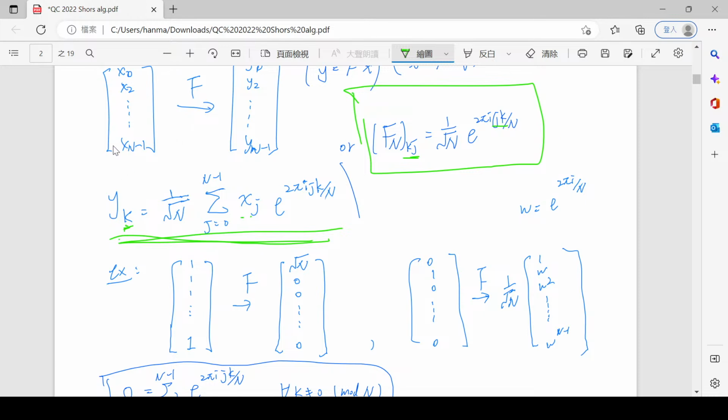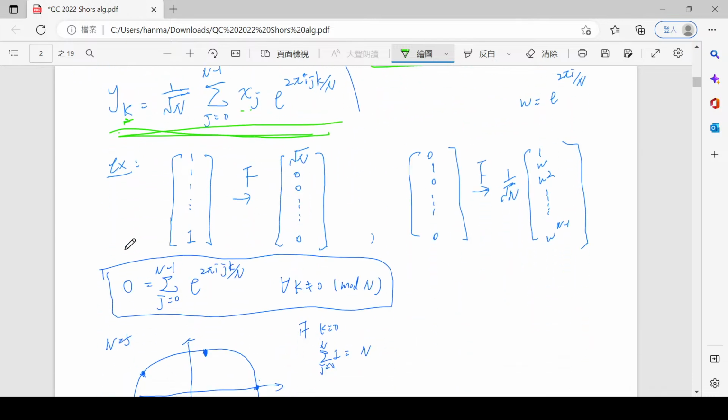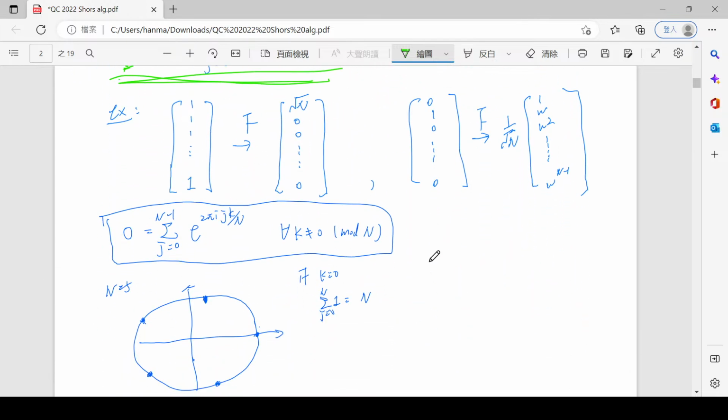What happens when you transform this vector with the discrete Fourier transform, or multiply with this matrix? You will see the first component become 1 over square root n, and everything else becomes 0. It's a very high symmetry. How we get this is this equation, which is actually very important. You need to remember it.